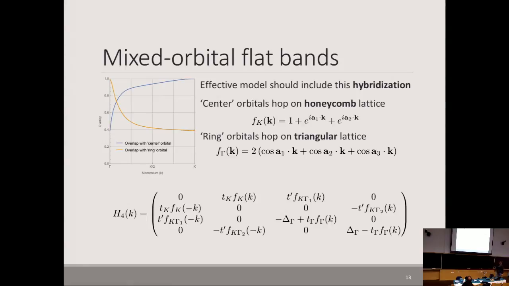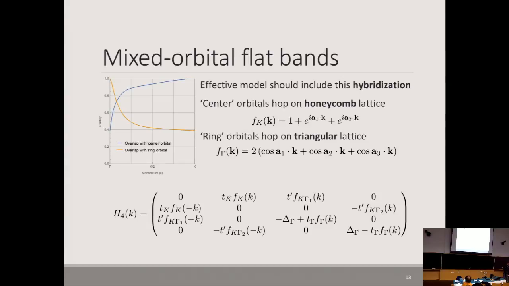So we could actually compute the overlap and how it changes when you go throughout the momentum space. So this is the amount of the overlap with center orbitals and the overlap with ring orbitals. So you see that if you start at K, it's 100% center, but the overlap drops. So at relatively small K, there's a switch from center to ring orbitals.